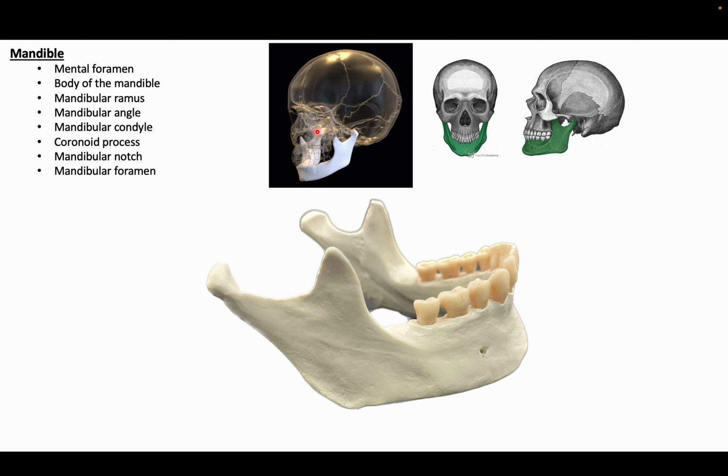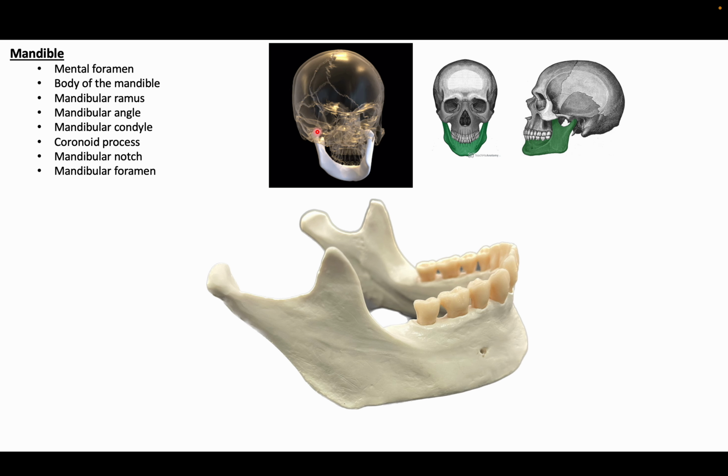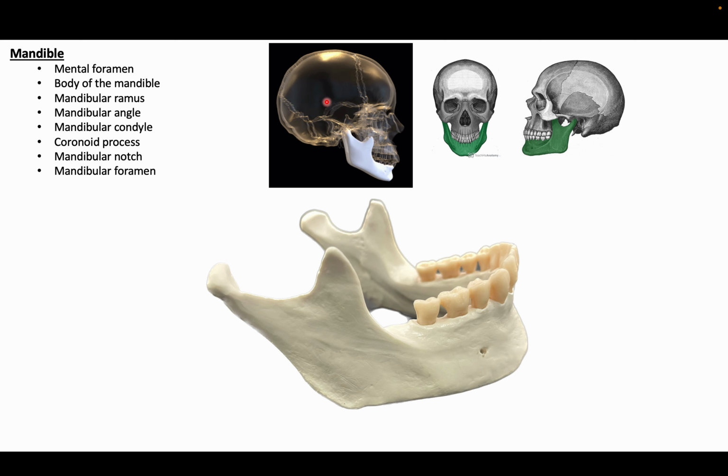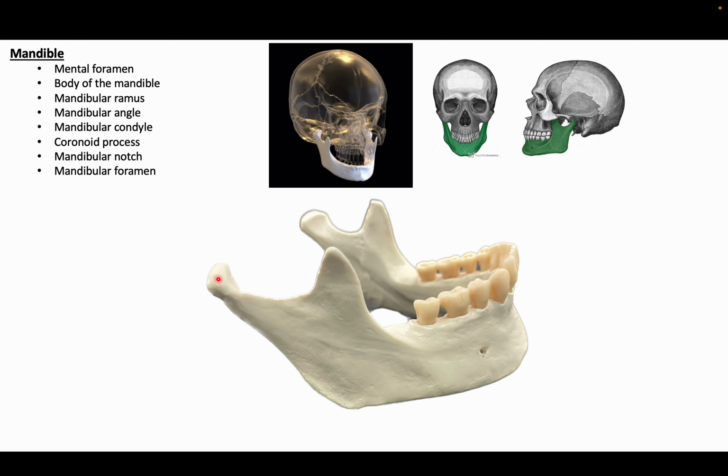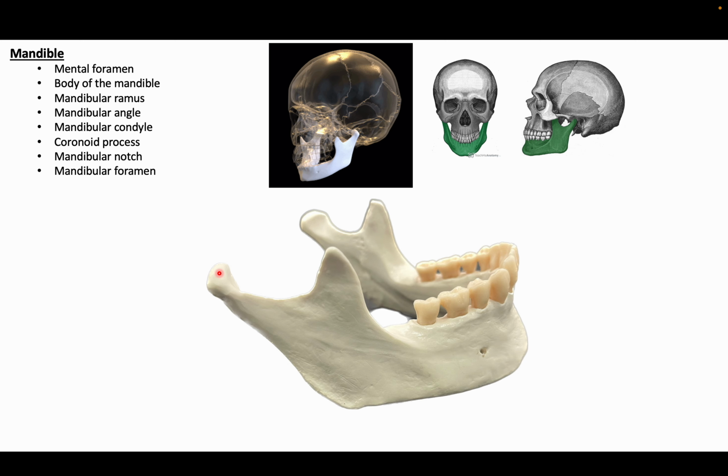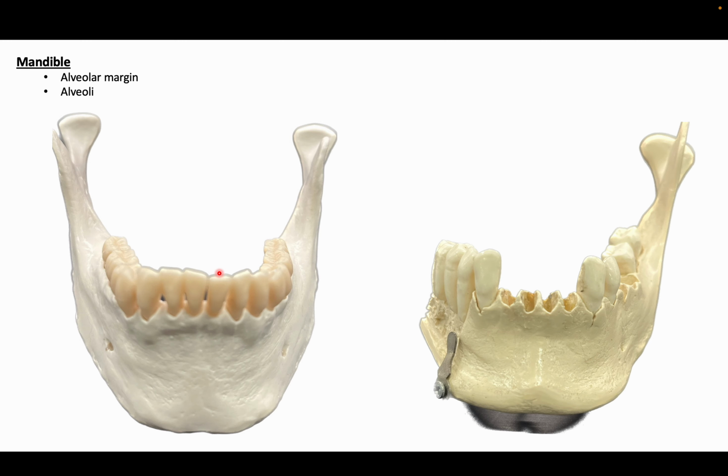And remember the mandibular fossa, that divot that we see next to the external acoustic meatus of the temporal bone, that is where the mandibular condyle is going to attach to. That's going to help serve with movement of the jaw.